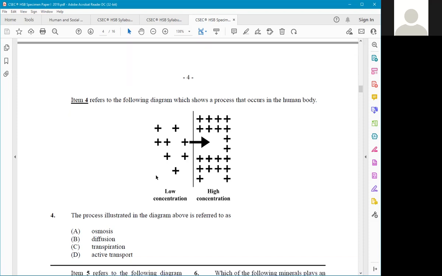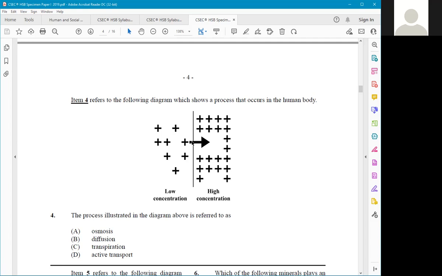The question says, the process illustrated in the diagram above is referred to as. The first thing most students are going to jump on is diffusion, because they're thinking of a process in which things are moving across a membrane. They just think about particles moving. Some would say it's osmosis because they see a membrane.